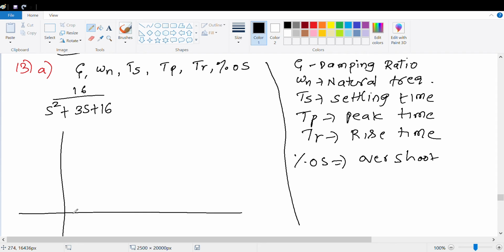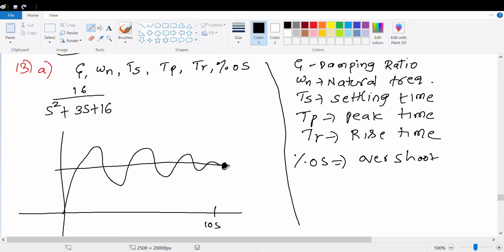Suppose the system is like this. This is the final response. After some 10 seconds it will reach this steady state. Suppose you switch on a motor, it will steadily go and reach some fixed speed, and it will continue running there.